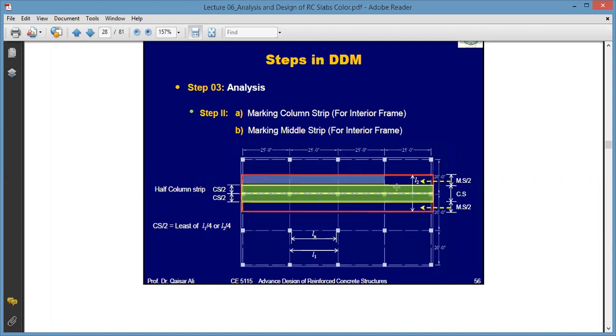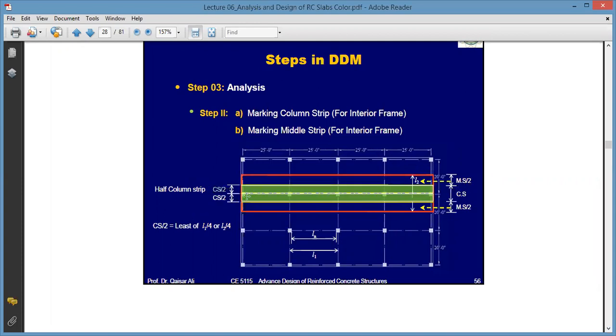Divide the total width of this frame into two parts. One half will be equal to the column strip and the other half will be equal to the middle strip. So divide this by 2: this will be the column strip and this will be the middle strip.